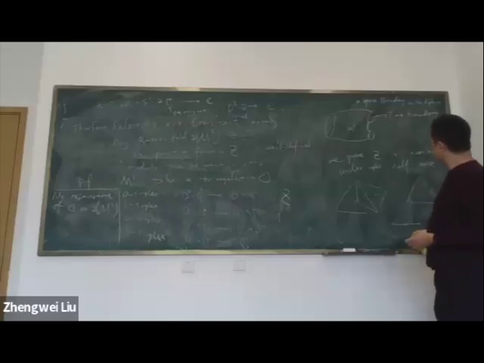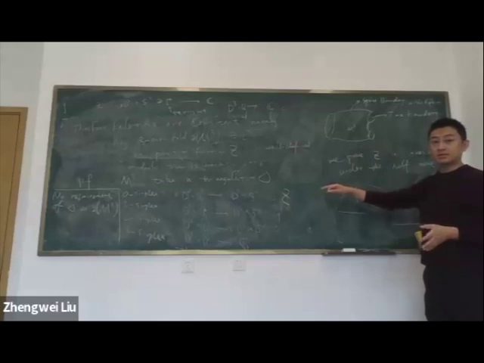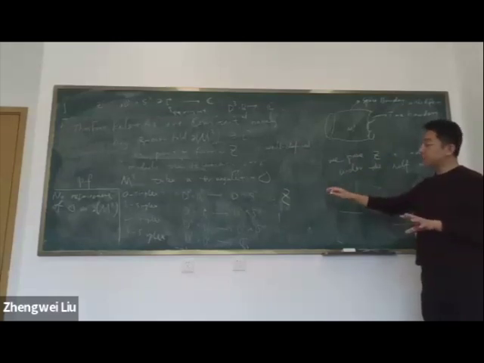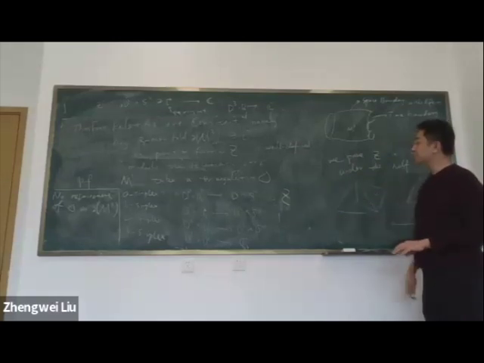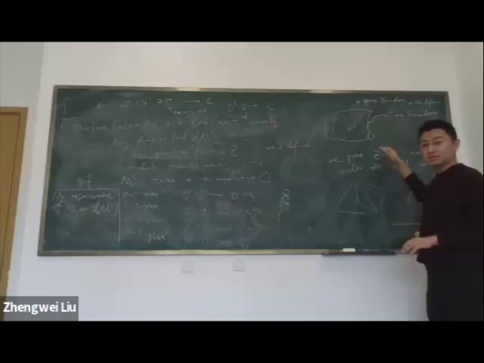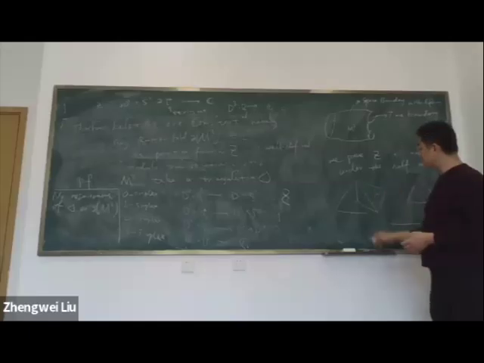And the key point is that, first, any two different triangulations of a three-manifold are equivalent under such half moves. And this is actually very easy to show, because the usual triangulation or subdivision moves are combinations of such half moves.